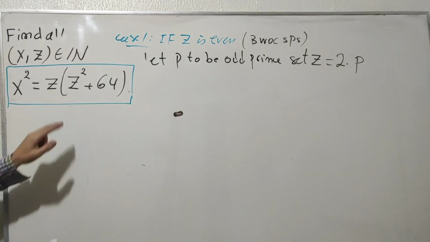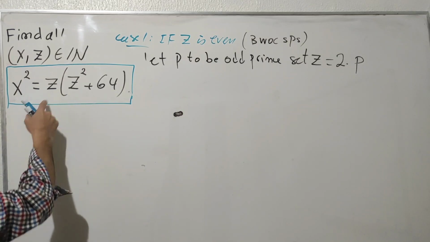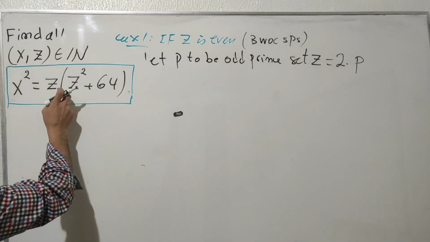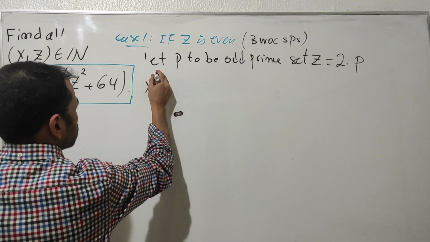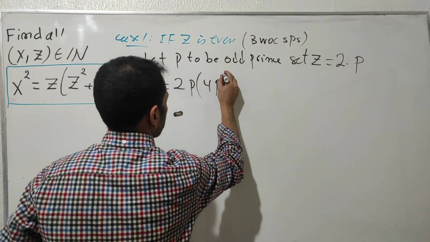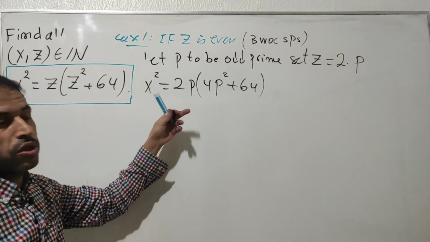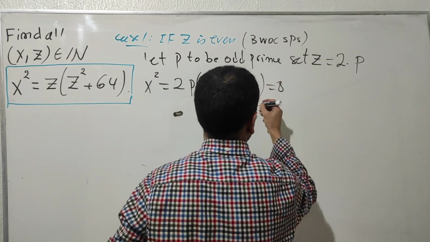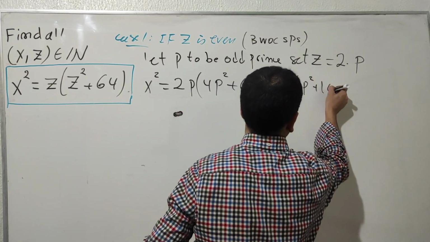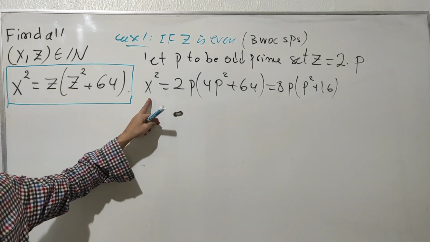To do this, I'm going to work on each term of this product separately, starting with this one. I'm going to replace this value of z into this one. So we'll have x squared, which equals 2p factor 4p squared plus 64. Taking this 4 out of these terms, I get simply 8p factor p squared plus 16, which means 4 divides x squared, okay?